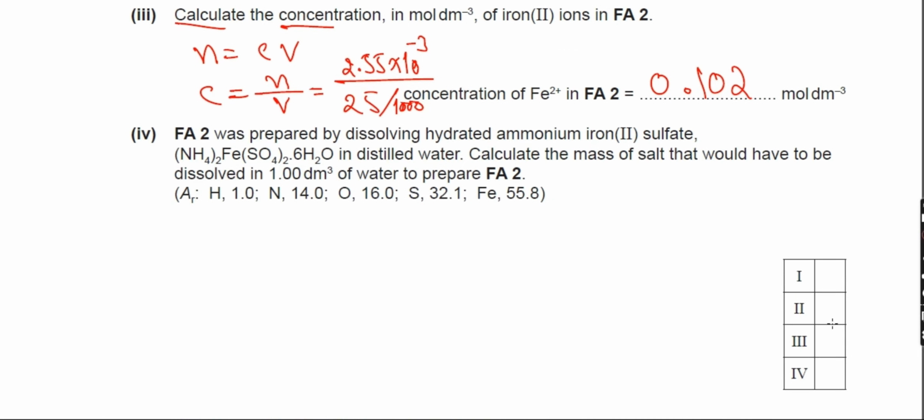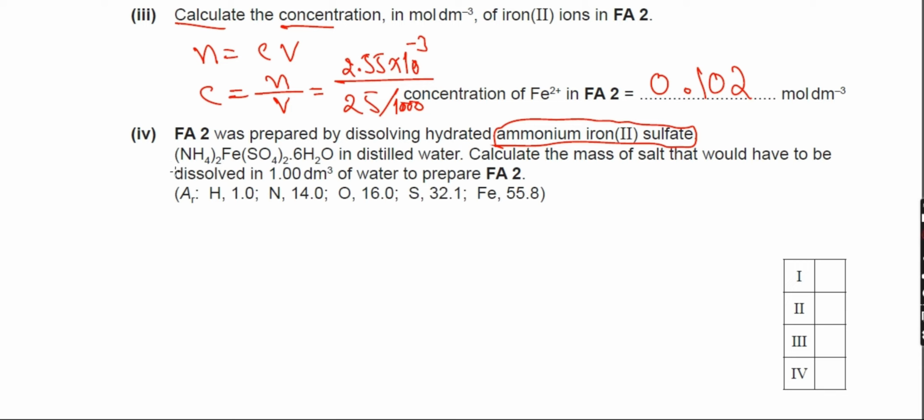Finally, what he says is that FA2 was prepared by dissolving hydrated ammonium iron 2 sulfate. What I said at the beginning, that iron 2 ion is usually taken from the Mohr salt, which is a double salt containing ammonium iron 2 sulfate, ammonium ion and iron ion, 2 of the cation and 1 is the anion. That is why it is called a double salt.